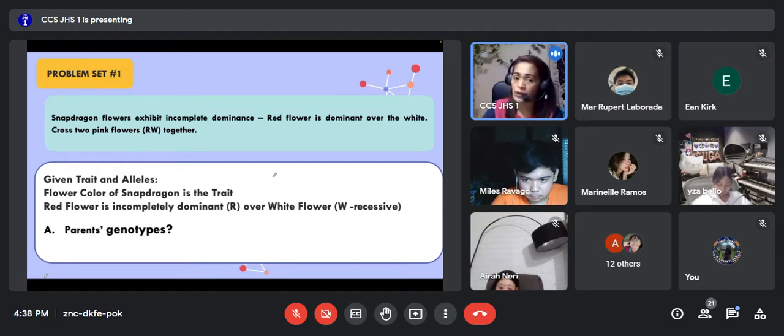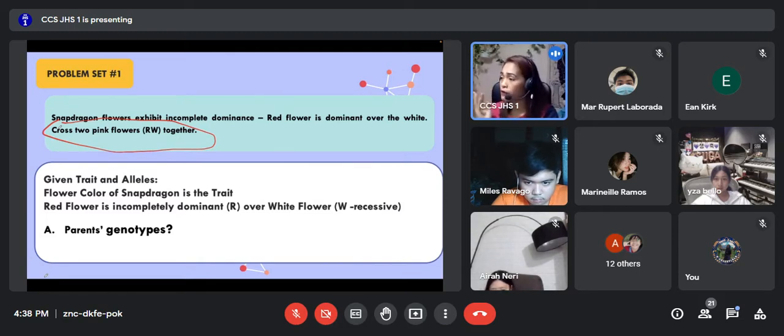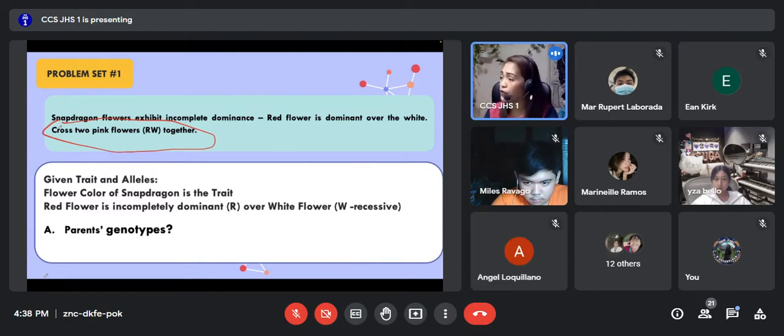So your parent plants are both snapdragons with pink flowers, meaning they are both heterozygous. So what should be the genotype of parent 1 and parent 2?